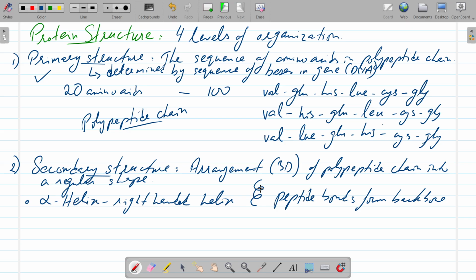And the R groups are sticking out, not in. Obviously, you've got many more than those. So the R groups are sticking out of the helix.